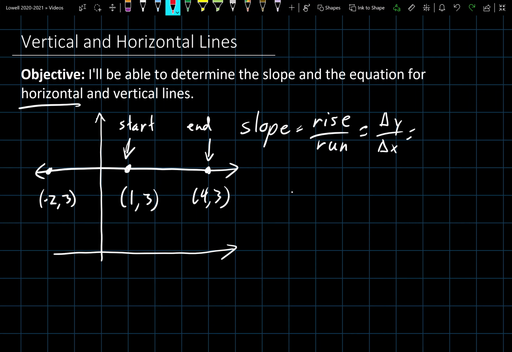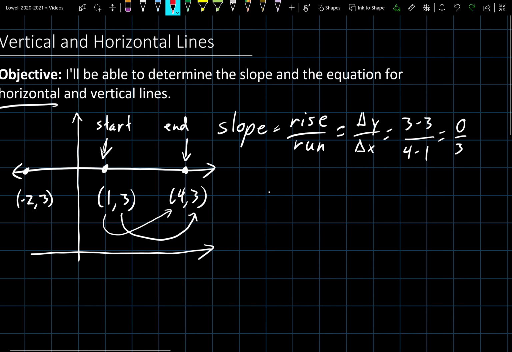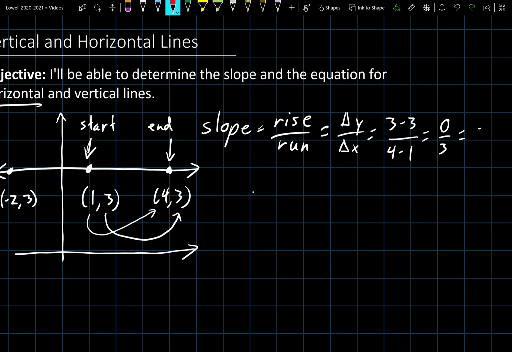My rise would be, I start off at 3 and I go to 3, so that would be 3 minus 3. For our delta x, I would be going from x equals 1 to x equals 4, so I'd be moving over 3 units. I can show that by doing 4 minus 1. Once we clean this up, it's going to be 0 over 3, which is just 0.